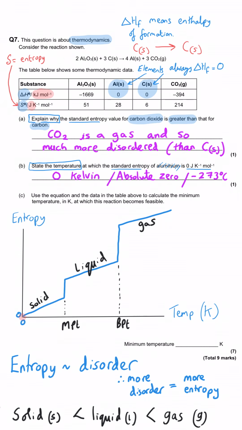In other words, 0 Kelvin or minus 273 degrees C. Because by definition, at this temperature, all of the particles will be absolutely stationary, not even vibrating a tiny bit. There is no movement of these particles, and so there is no disorder, and so the entropy is set at 0 by definition at this temperature.